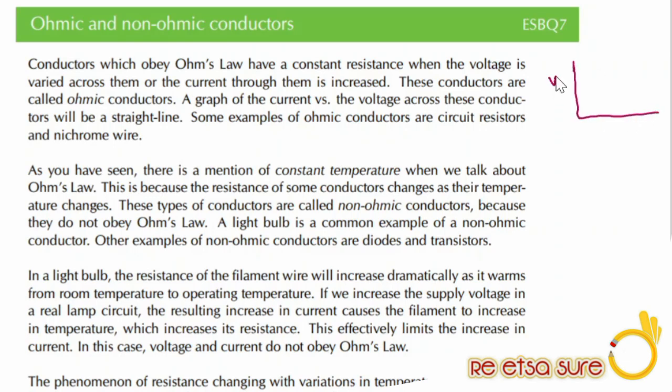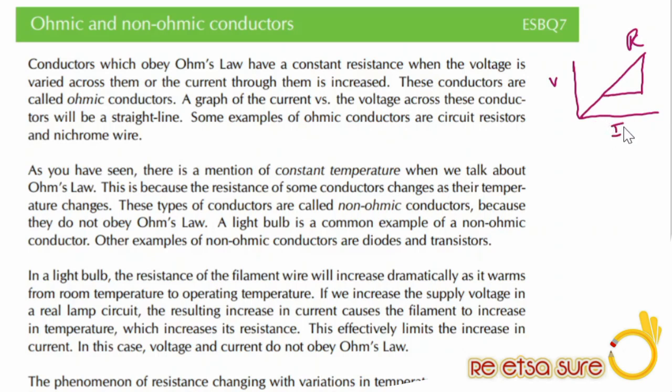If I have V and then I have I, the graph is going to be this straight line. Remember that here we are saying that the gradient represents the resistance. For the fact that it gives us a straight line, we can conclude that this is an ohmic conductor.